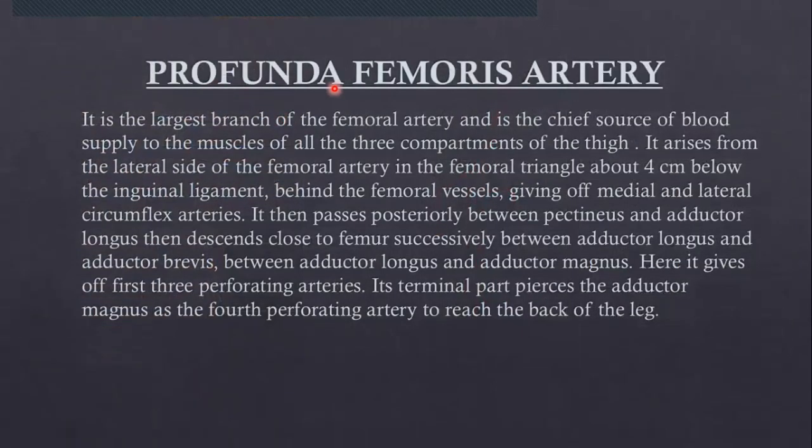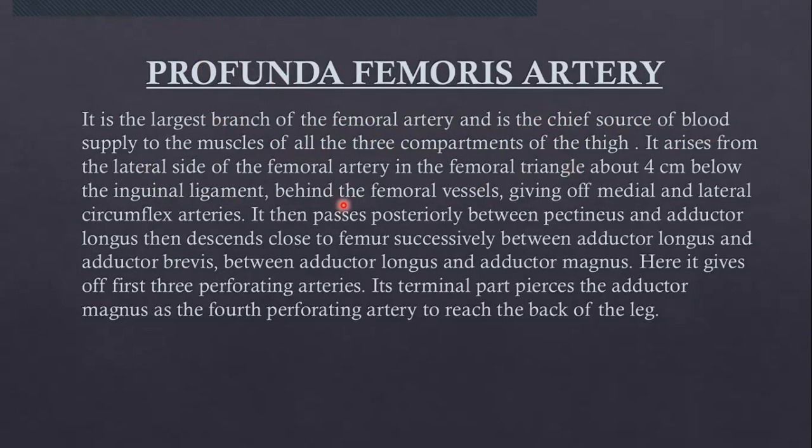So profunda femoris artery. It is the largest branch of the femoral artery, and it is the chief source of blood supply to the muscles of the three compartments of the thigh, the anterior, medial, and posterior compartments. Their blood supply is derived from the profunda femoris artery.